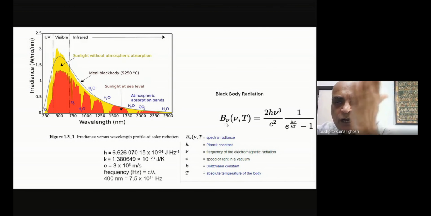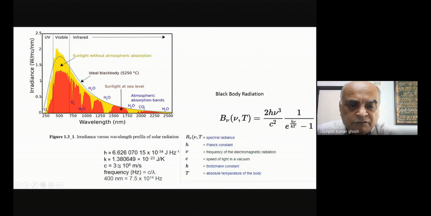We know that we have visible radiation, and when you work out this equation, you can plot irradiance, which is B_ν, versus frequency, or alternatively as a function of wavelength, where frequency and wavelength are related by ν = c/λ, where c is the speed of light, 3 × 10^8 meters per second.